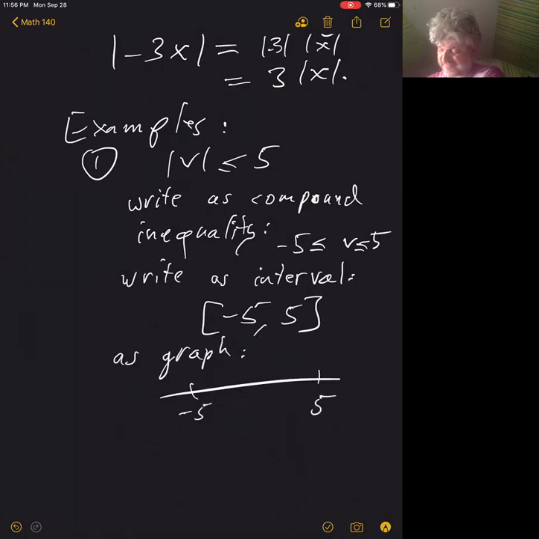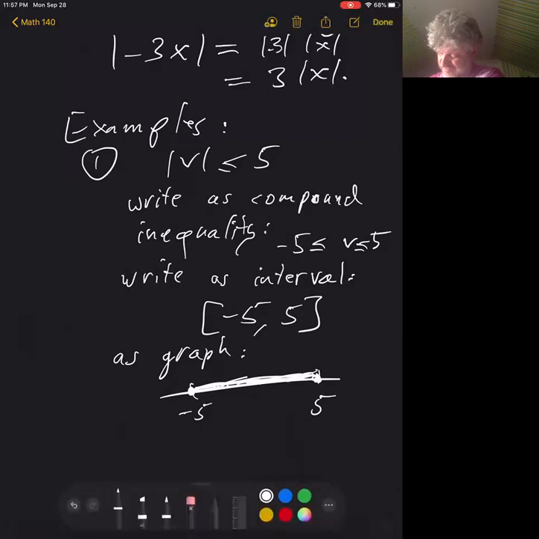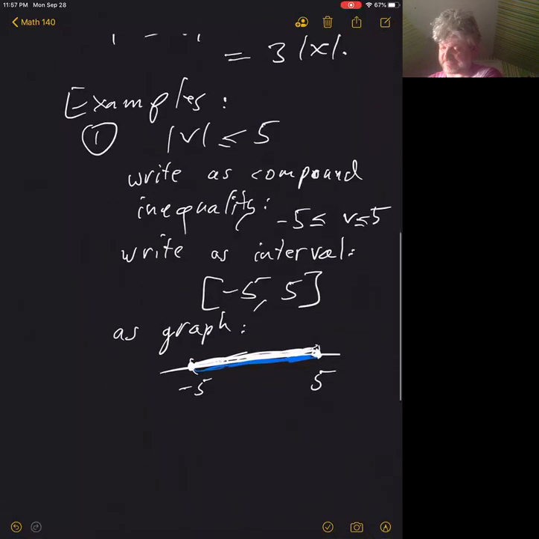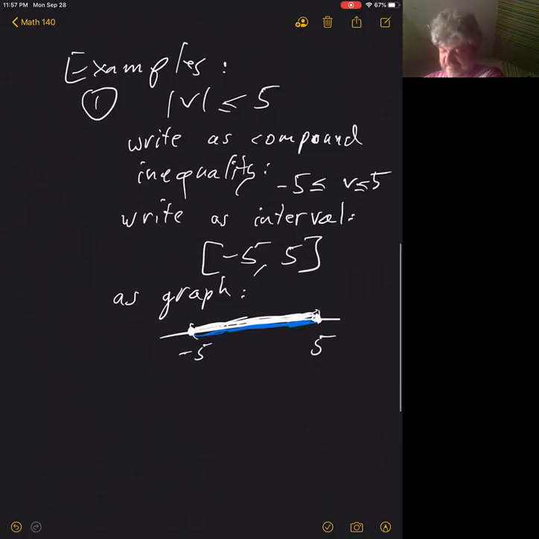It goes from -5 to 5 on the number line, and all numbers in between are allowed. So we make nice filled in dots to indicate that the endpoints are included, and then we make it clear we want this in between. Color would be good too. Okay, no tools needed. This is the basic type of an absolute value inequality.